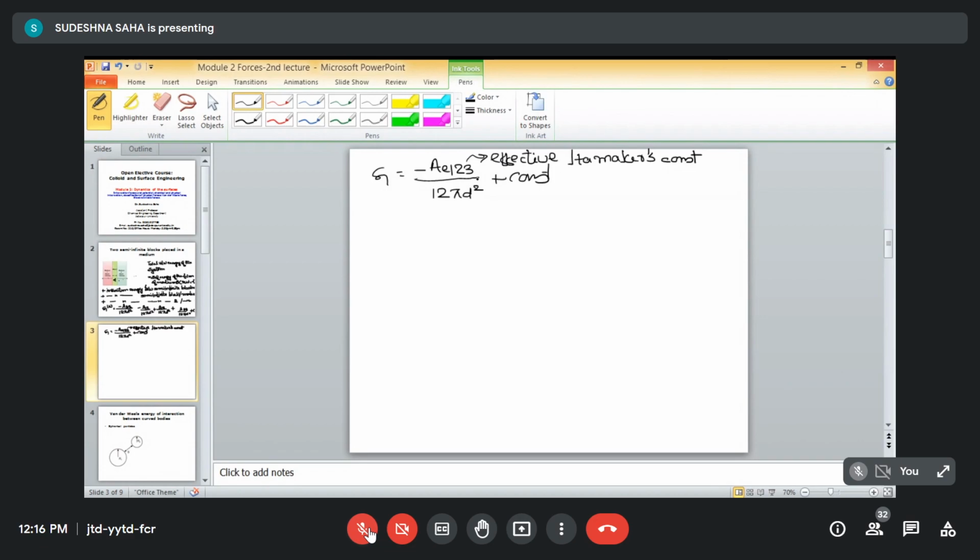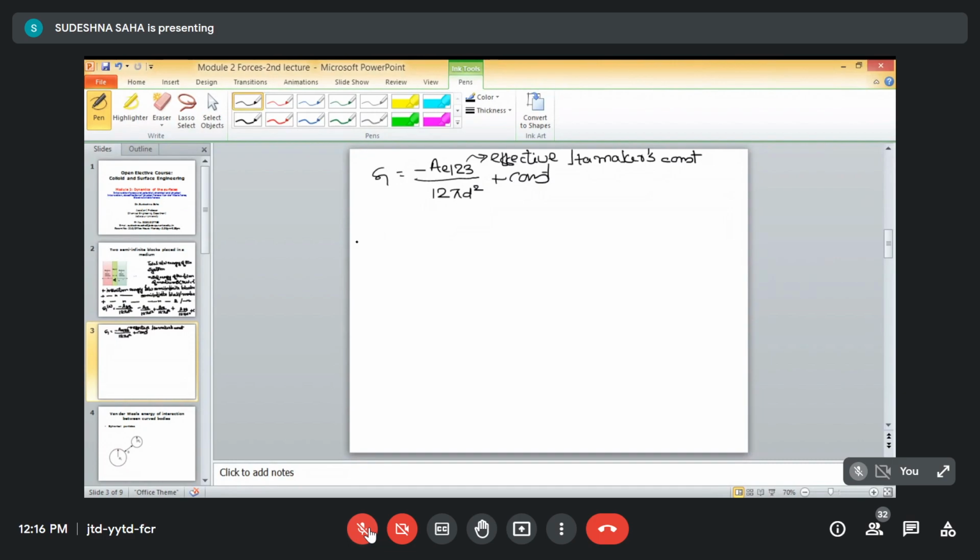Now, in order to determine this constant over here, we actually use an approach where we take the limit of the energy as d approaches infinity. I'm not going into the details of how we can calculate it, because self energy calculation for a thin film is not a part of your syllabus, but we can use that concept to calculate this constant.